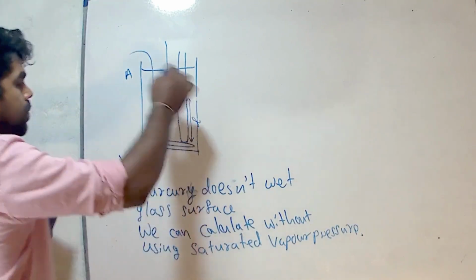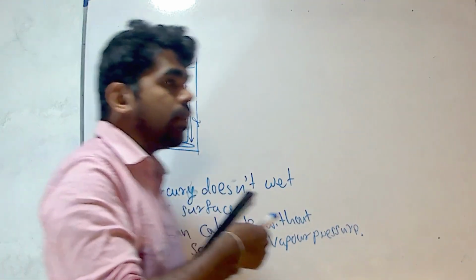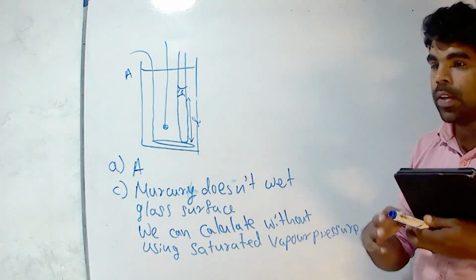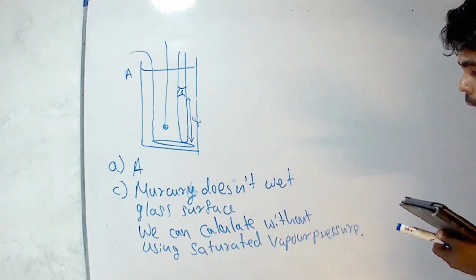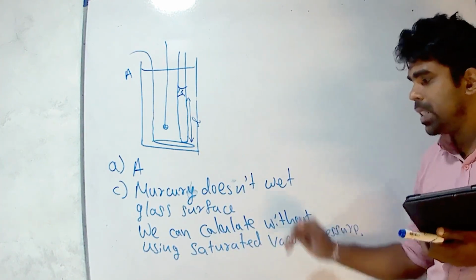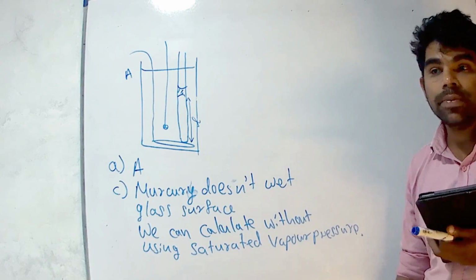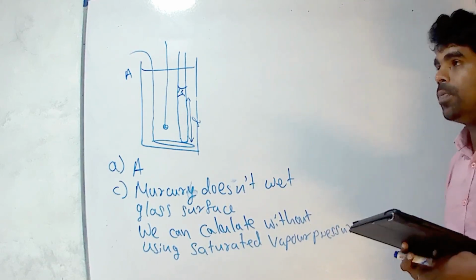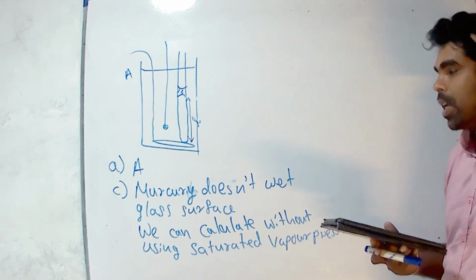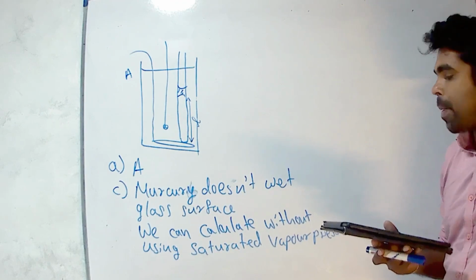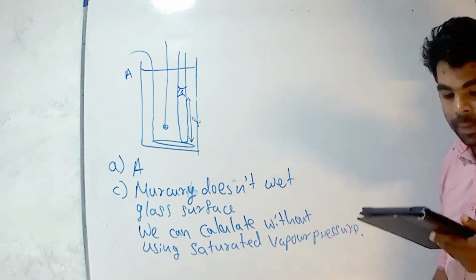If you are using a fluid like water to trap the air column, it will vaporize. Therefore, we have to consider saturated vapor pressure for the experiment, but when using mercury, it will not vaporize. Therefore, we can use pressure without using vapor pressure for the mercury.